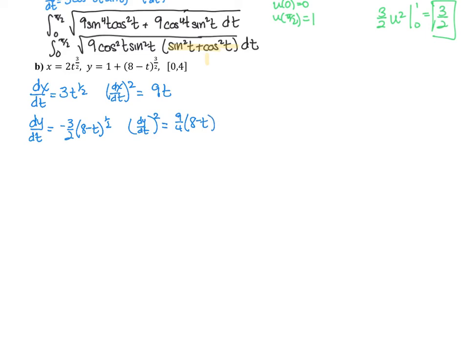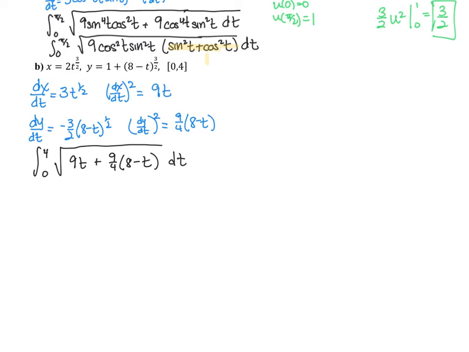Okay, so now I'm going to take the integral from 0, where were my bounds? 0 to 4 of the square root of 9t plus 9/4 times (8 minus t) dt. Actually, I'm going to simplify that a little bit.